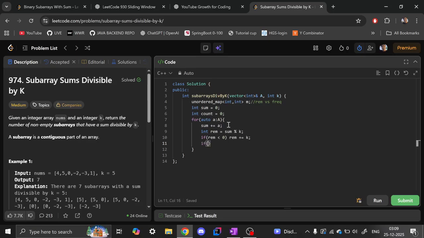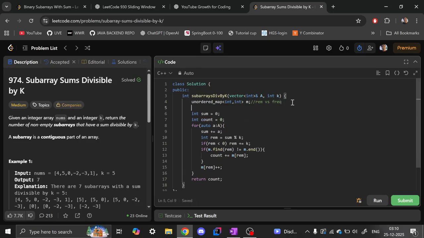Now we are going to check whether this remainder exists in our map or not. If it exists in our map, we are going to update our count variable by the frequency of the remainder. If it doesn't, we will not add it, and after we have done, we will update the frequency of the remainder.